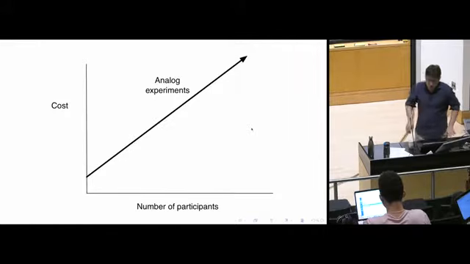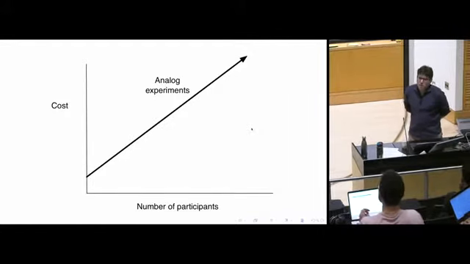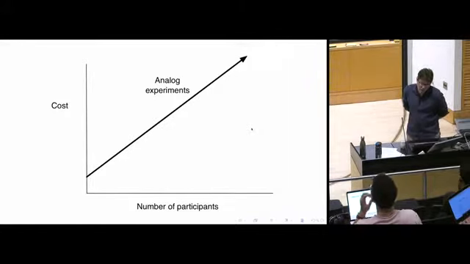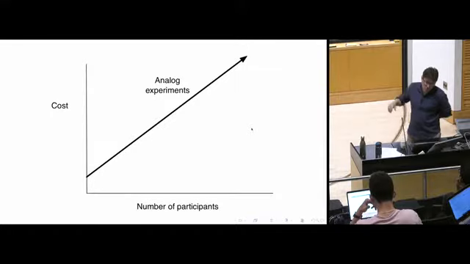So this is a picture that I think is super important, and it's one that you'll see in a lot of parts of computational social science, not just experiments. It's thinking about how the cost of some research project scales as the number of participants increases. So you see for an experiment, there's a small amount of startup cost.